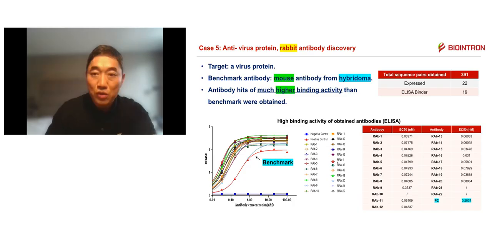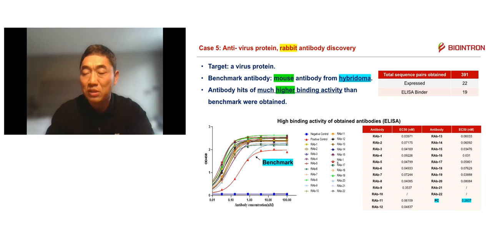As you can see, with the rabbit and our AbDrop, in total we got 391 paired sequences, and we chose 22 to express. Among these 22, 19 are good ELISA binders.